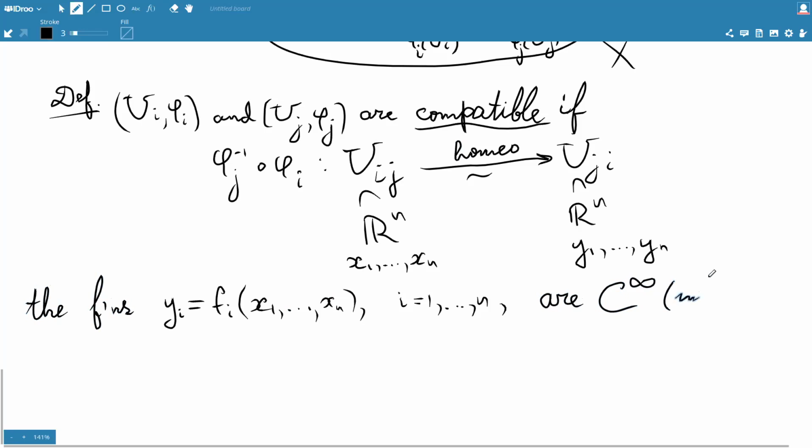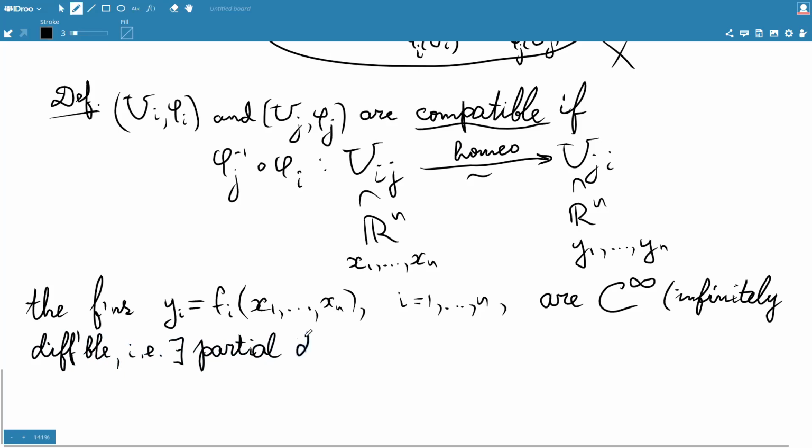Infinitely differentiable means that there exist partial derivatives of any order.